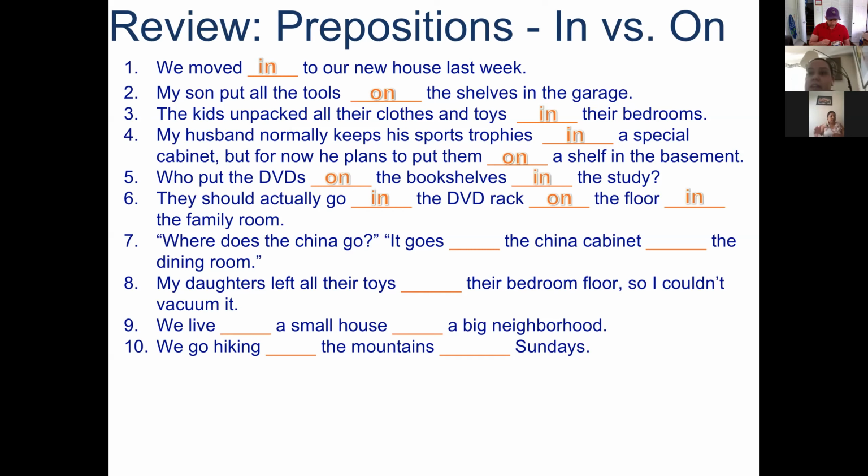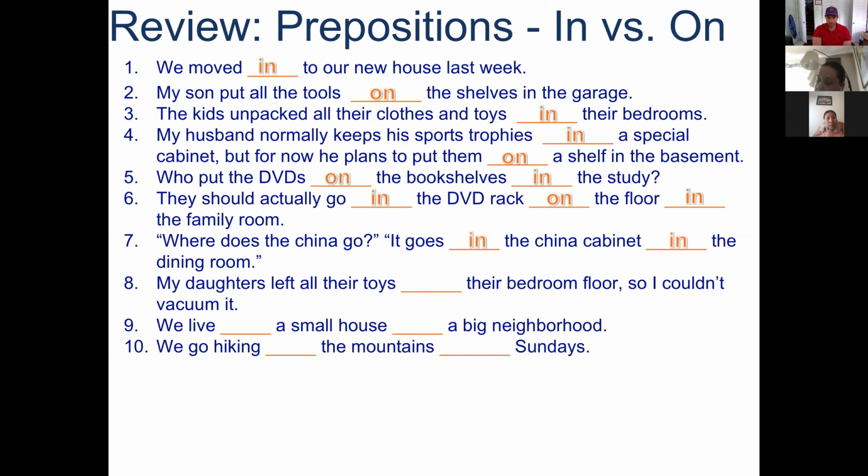Where does the china go? It goes in the china cabinet in the dining room. In the dining room. Okay.